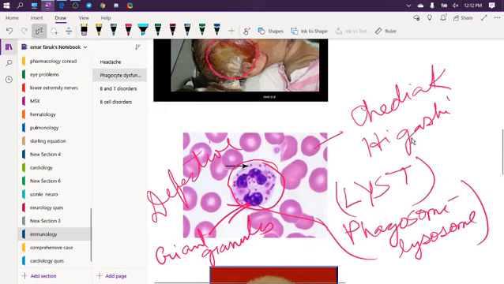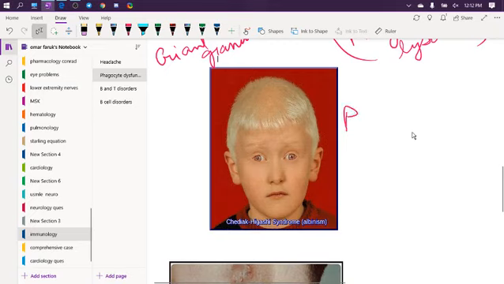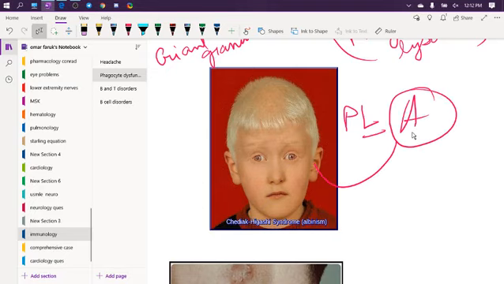And the clinical features you can easily remember by a mnemonic called PLAIN. That means P for progressive neurodegeneration, L for lymphohistiocytosis, A for albinism. This is the picture of albinism, but this albinism should be partial albinism.